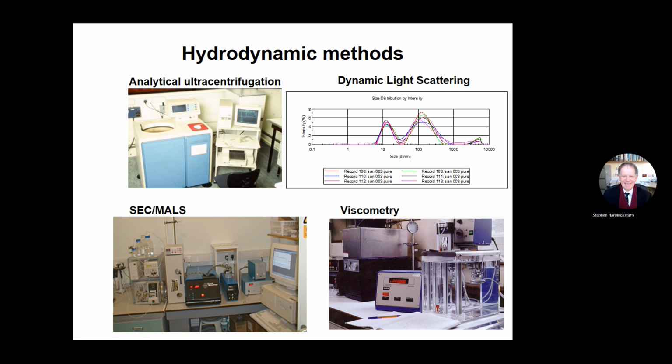You get, well, it's a diffusion coefficient that you measure, but the software automatically converts this to a size distribution. And you can see you've got some macromolecular stuff here, and also some very high molecular weight material here. So it's a good way of assessing the quality of your solutions quickly. It's a very rapid technique, DLS.